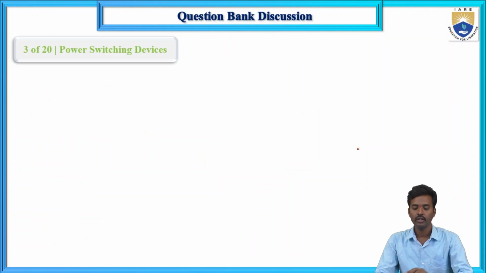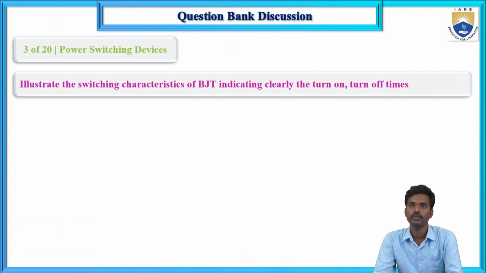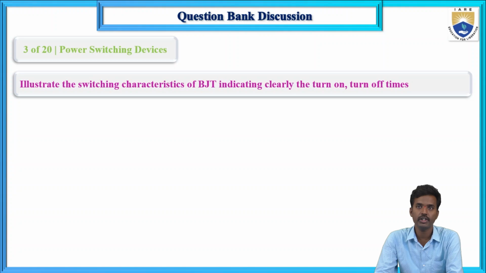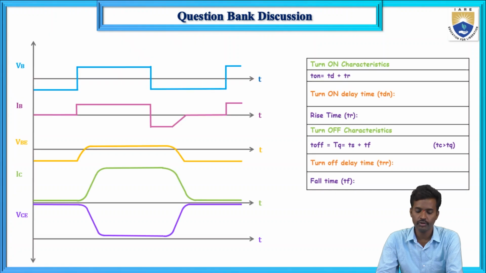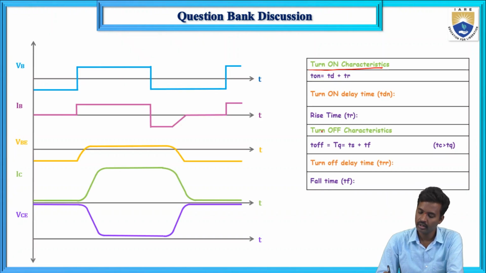Now the third question: illustrate the switching characteristics of a BJT, indicating clearly the turn on and turn off. If you see the diagram here, these are the turn on and turn off characteristics. Here we have TD and TR.